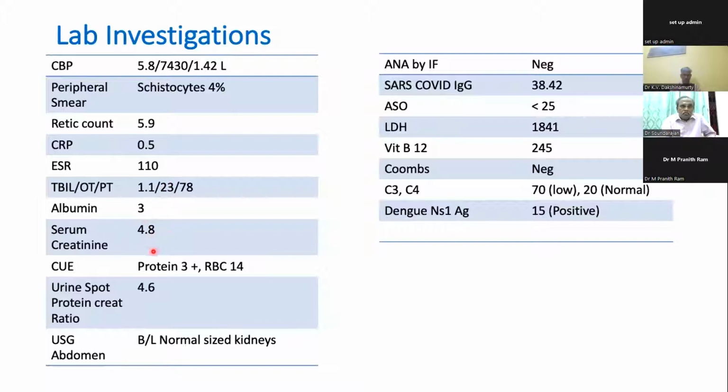He had a creatinine of 4.8, which is very high for his age, and his urine analysis showed proteinuria, and the protein creatinine ratio was around 4 grams. His LDH was also very high. He was found to have COVID IgG positive. And subsequently, we got C3, C4 levels.